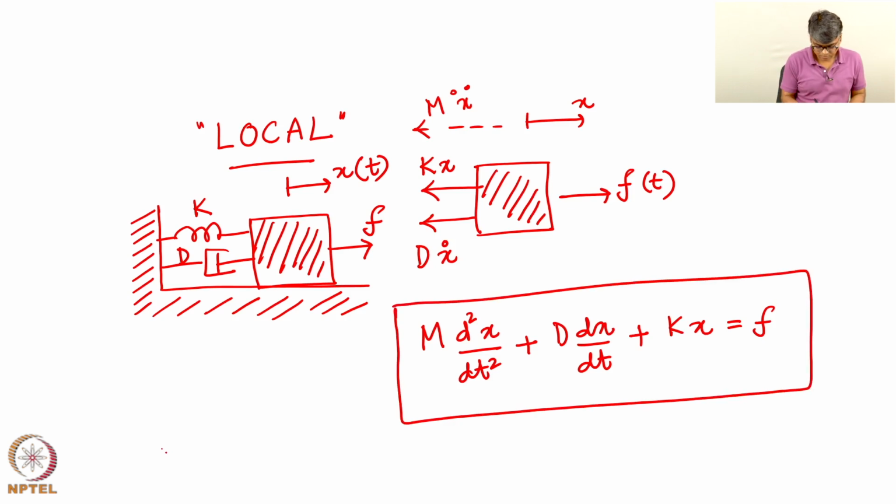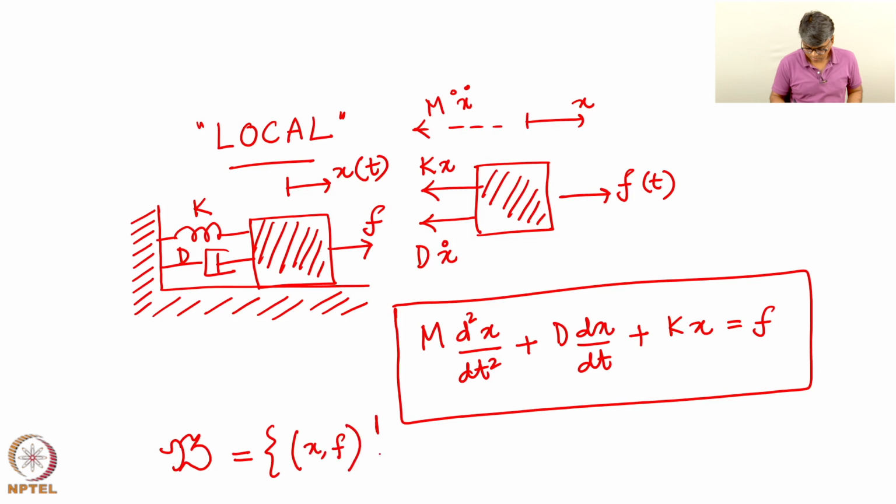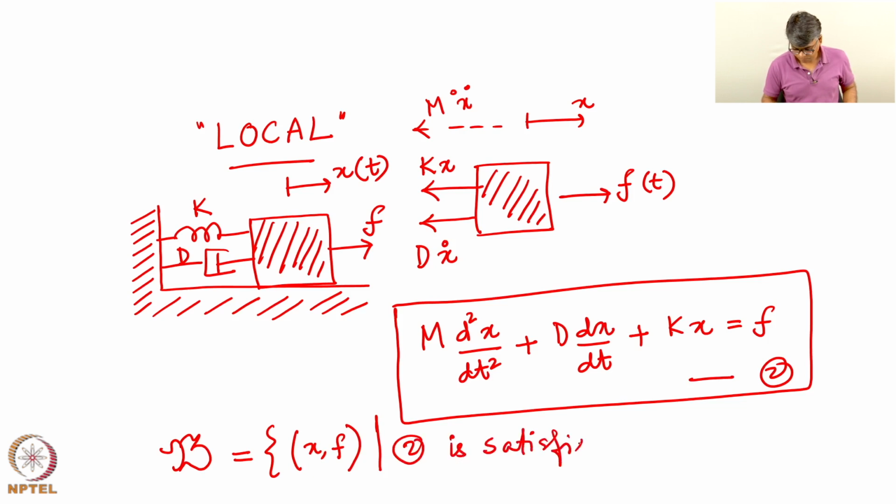What is the behavior? The behavior, of course, is the collection of all x and f functions of time which satisfy this equation. This is an example of a differential equation with constant coefficients.